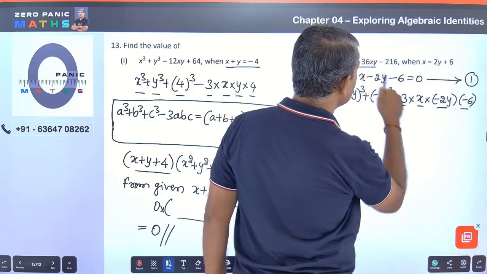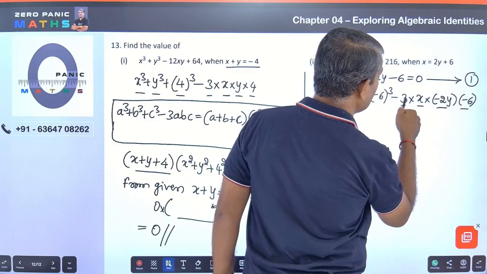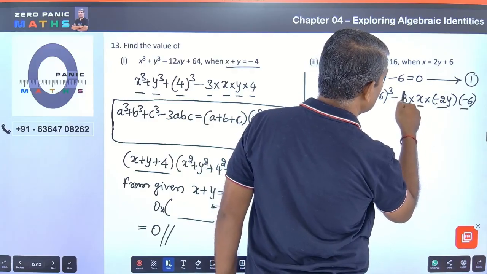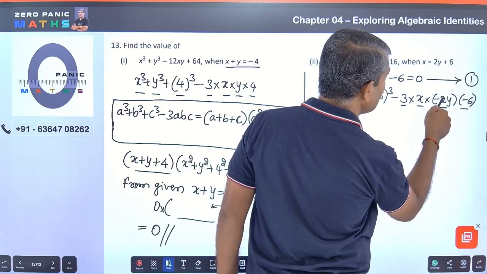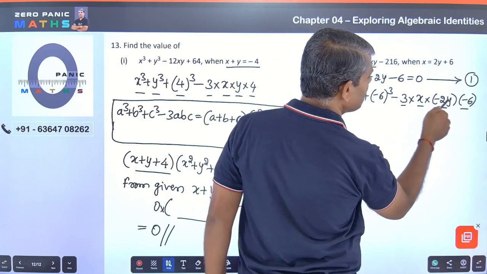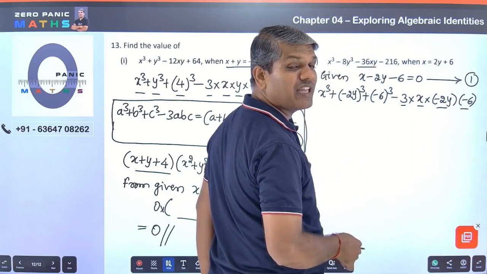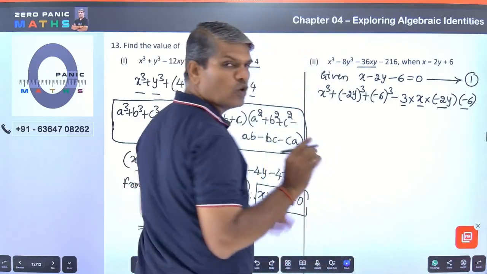Now you multiply and see whether it gets you minus 36xy. It is minus 3 into x, or you multiply the constants first. Minus 3 into minus 2 is plus 6. Plus 6 into minus 6 is minus 36. There is x here, there is y here. So it is minus 36xy. It is 3abc. Hope you understood this.